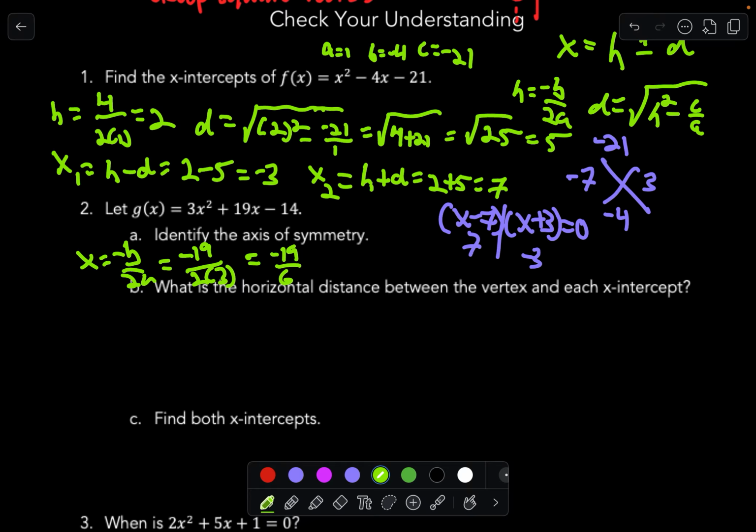Now the distance d is really kind of rough. That is going to be the square root of h squared, which is -19 over 6 squared, minus c over a, c being -14 and a being 3.